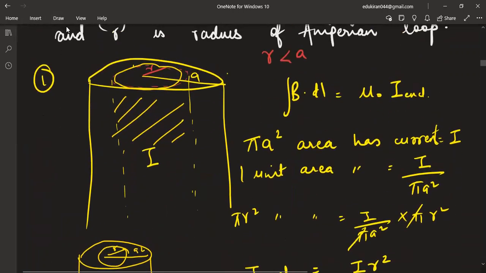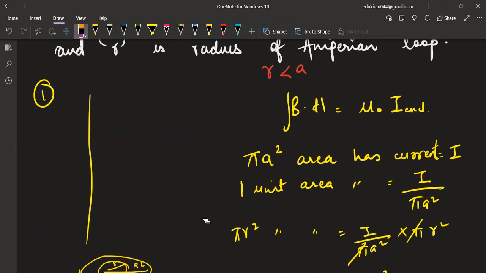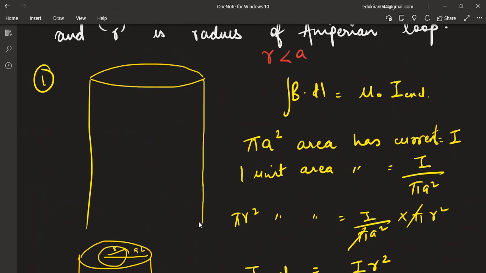Suppose this figure, let me explain you this figure. This is your wire. I have drawn it quite broad so that we can see and mark the things which are present inside. This is the radius A of wire.